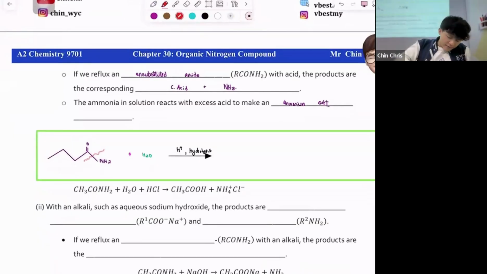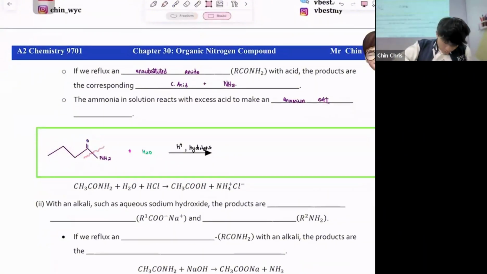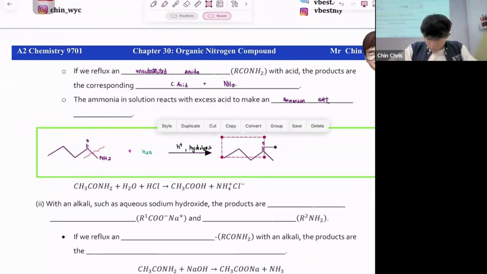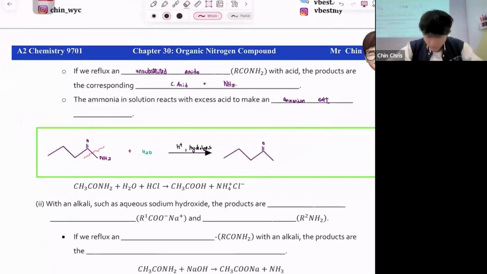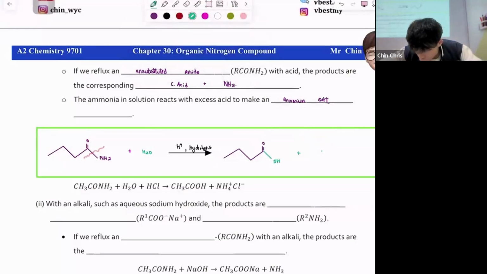If I break it here, what will it be? This entire thing will turn into a carboxylic acid, and NH3 is formed. Done. So again, if it's an unsubstituted amide, you are getting carboxylic acid and NH3.